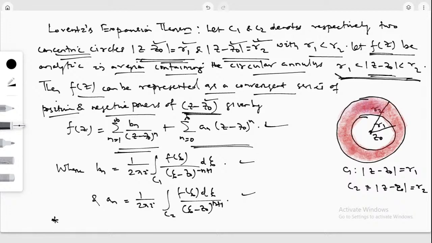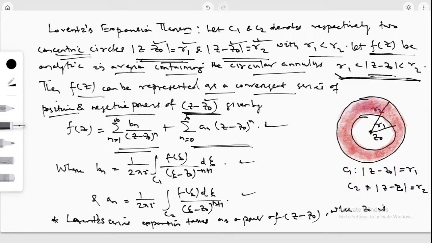That means the Laurent series expansion takes powers of z minus z naught where f of z is not analytic at z naught.